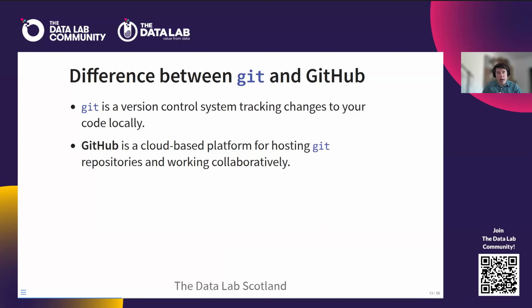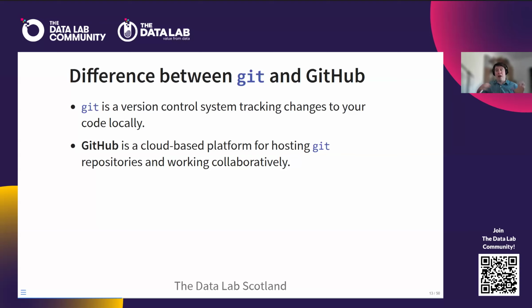And lastly, before we progress a little bit more into the detail of these, a key thing to think about is what's the difference between Git and GitHub or GitLab or Azure DevOps. There are lots of different tools out there, but what's the difference between Git and GitHub? So Git is the version control tool. It is the one that is keeping track of how things are changing on your system, so on your laptop or computer or however you're working on your code bases.